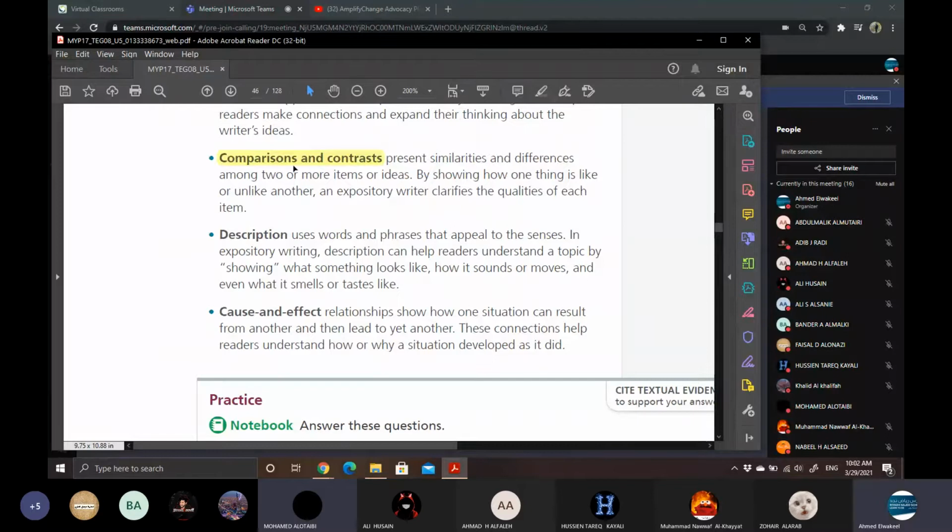An expository writer clarifies the qualities of each item. So simply to speak about comparisons and contrasts, they are the thing that Tyson used in his essay in order to present the information in a comparison form.